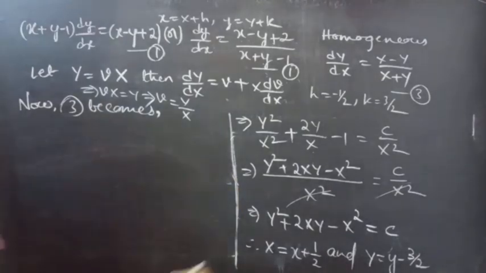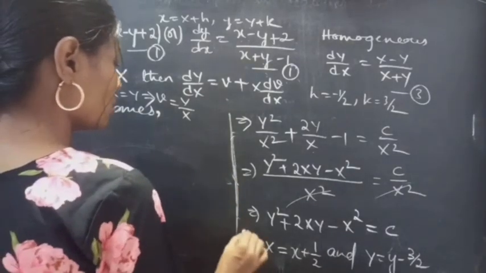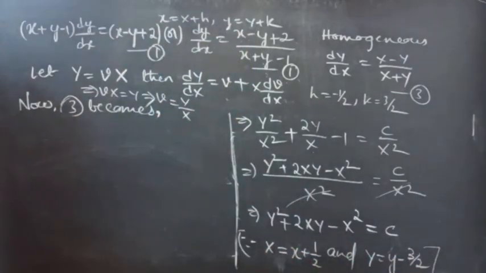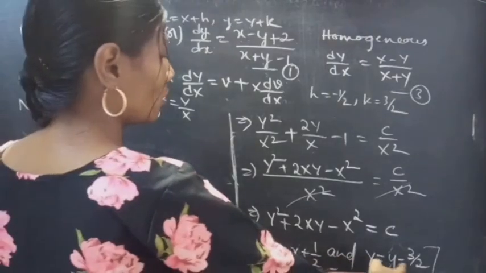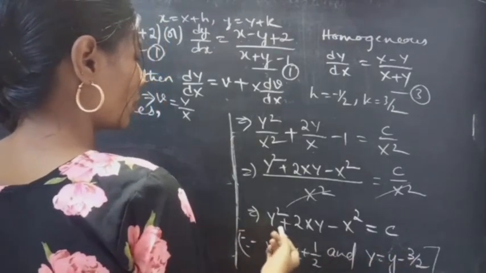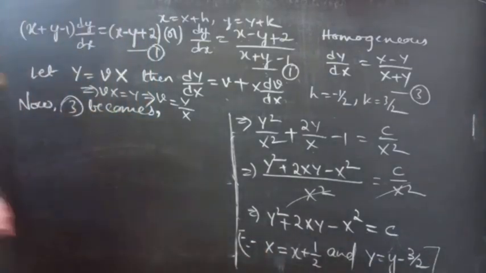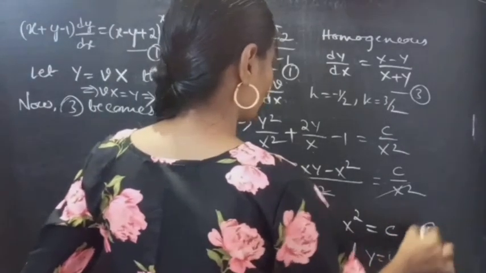Okay. Since capital X equals small x plus 1 by 2 and capital Y equals small y minus 3 by 2, now we can replace using these two in the equation. You can name it as equation number 4.